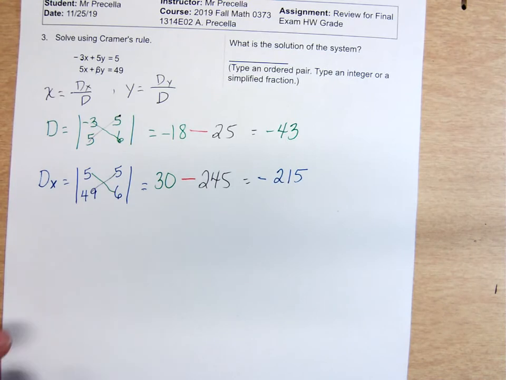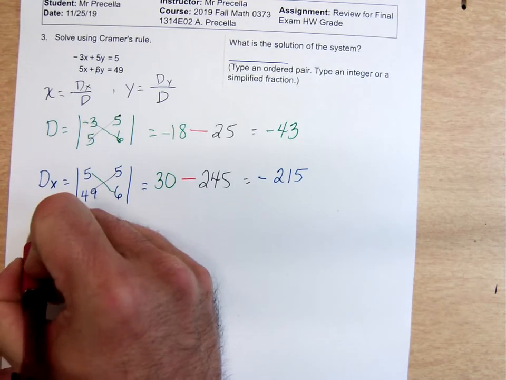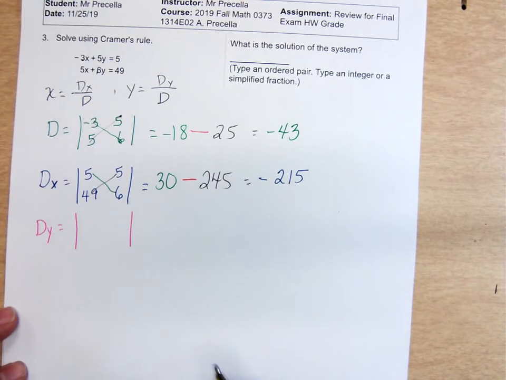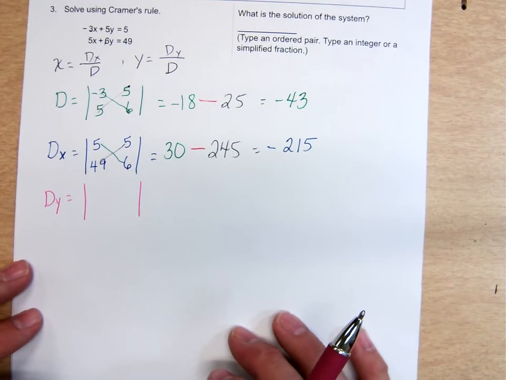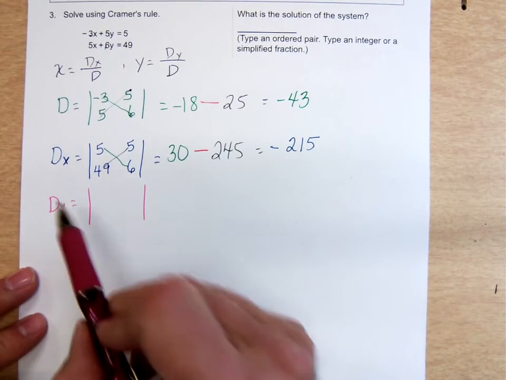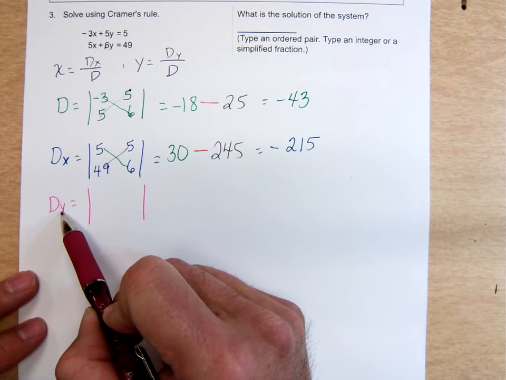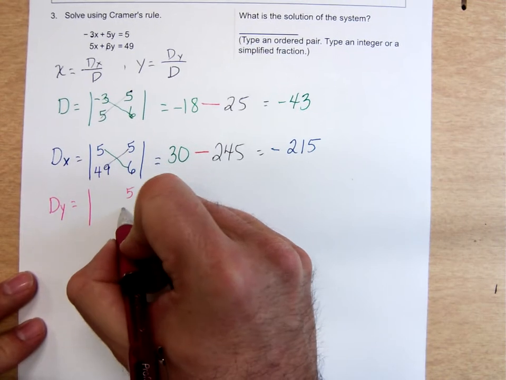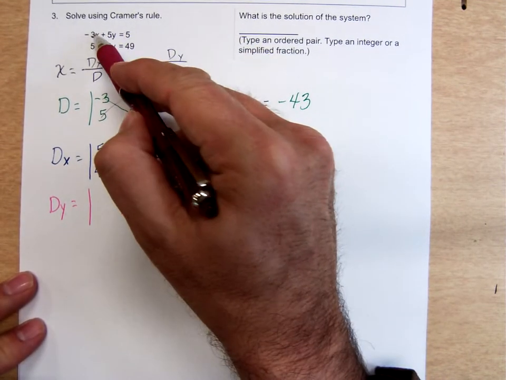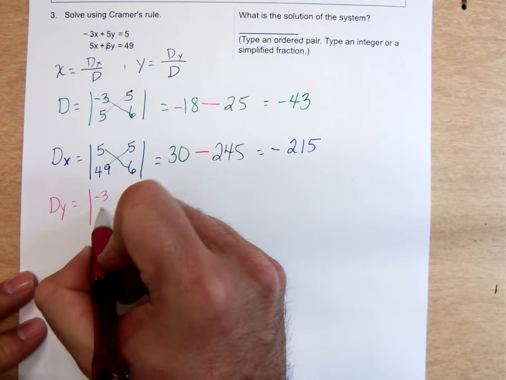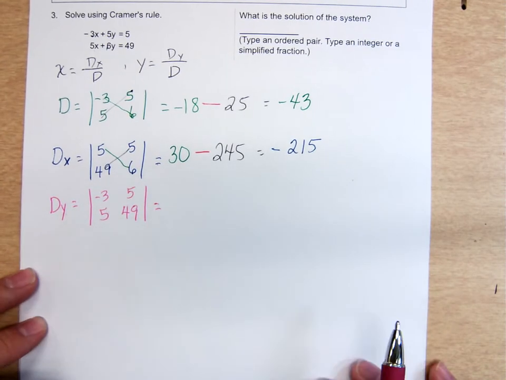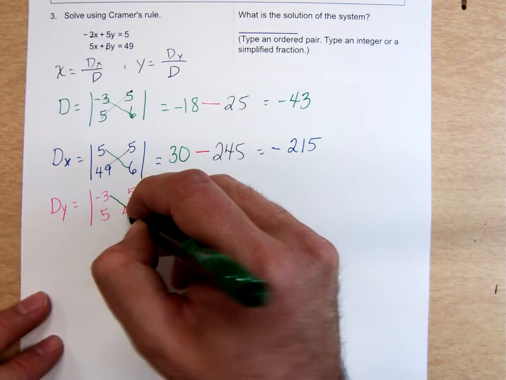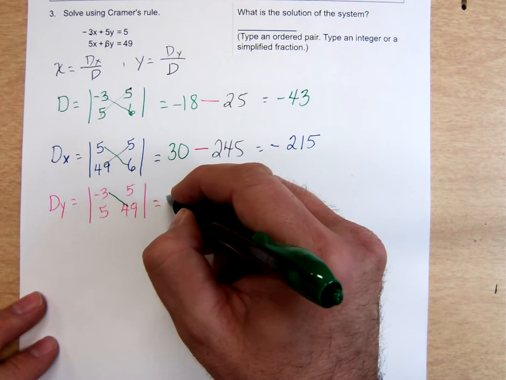Now, what about a dy? Whatever the subscript is, that's the one that gets replaced. So the y column is 5 and 49. The x column is still -3 and 5. So do the little cross multiply. -3 times 49.